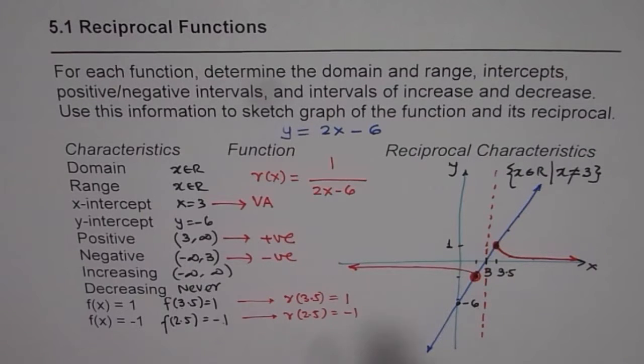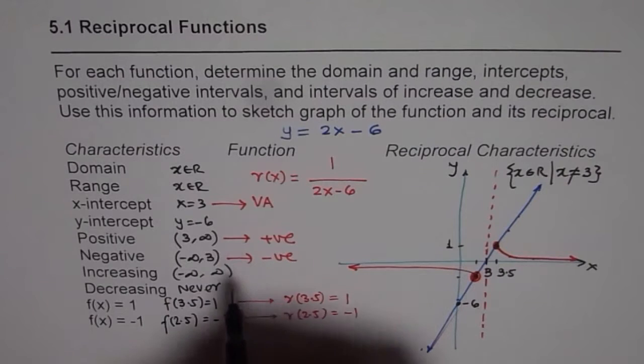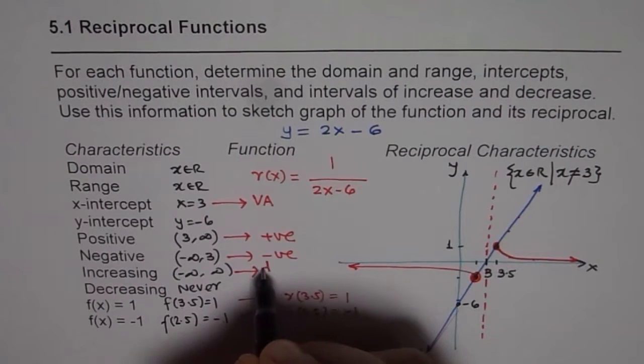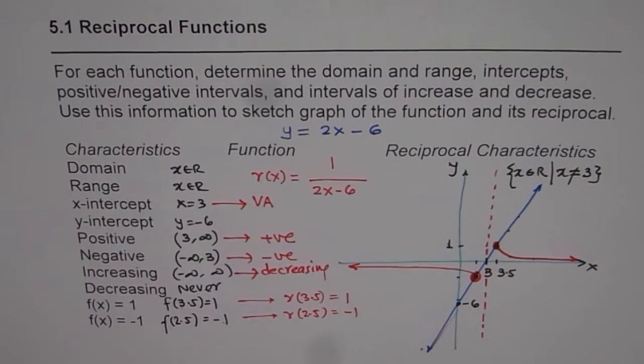Do you see that? The negative part translates to the negative part. As the function increases, the reciprocal decreases. So increasing results in decreasing in the reciprocal. We will see the intervals soon, okay?